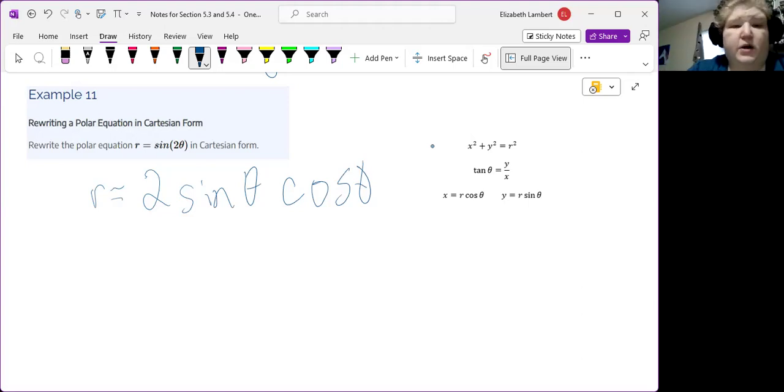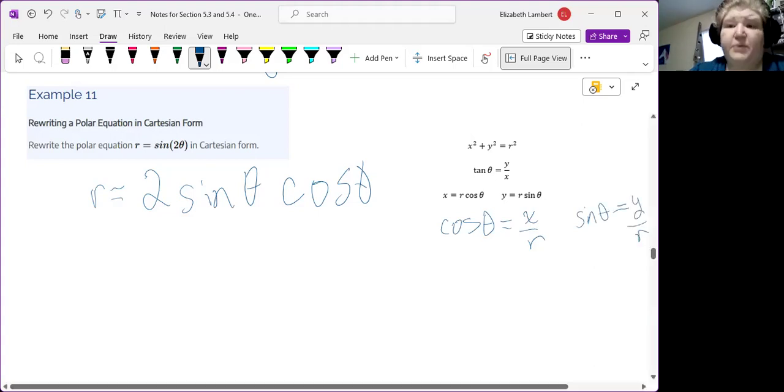For sine theta and cosine theta, I don't have much, but I can take my x equals and y equals, and I'm gonna divide both of them by r. So I know cosine theta is x over r, and I know sine theta is y over r. So I'm gonna put those in place of the theta parts.